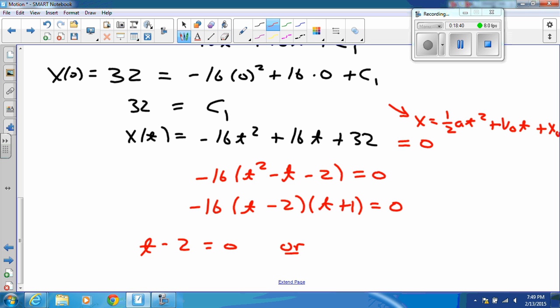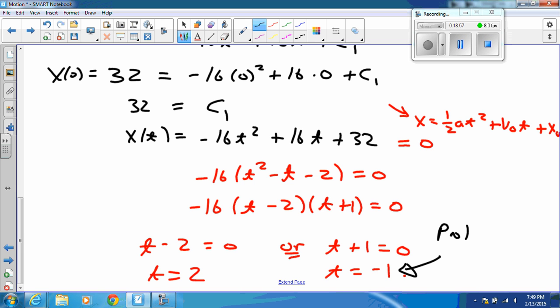And then factor it as t minus 2 and t plus 1, so that we get negative 16, so that we get either t minus 2 is equal to 0, or t plus 1 equals 0, or in other words, t equals 2, or t is equal to negative 1.